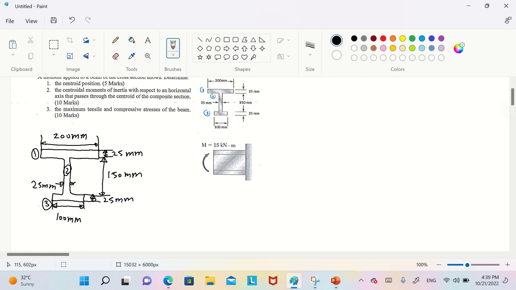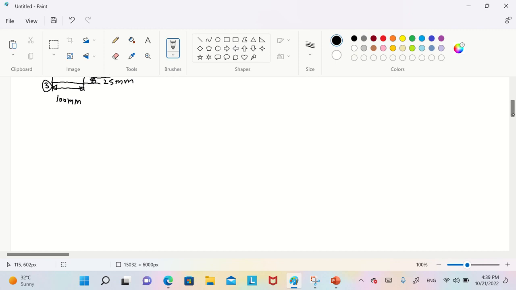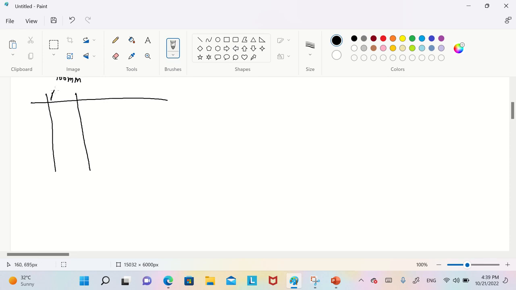Okay, we need to do a schedule here for the area, here's for the y bar, and here y bar area. Okay, we will start with number 1.